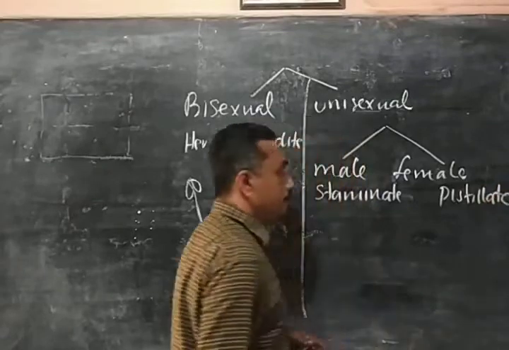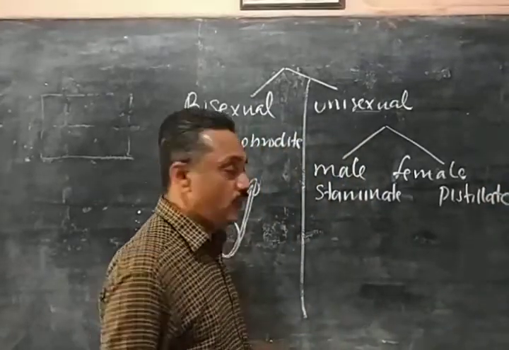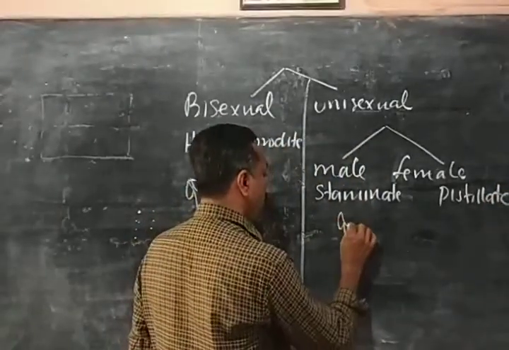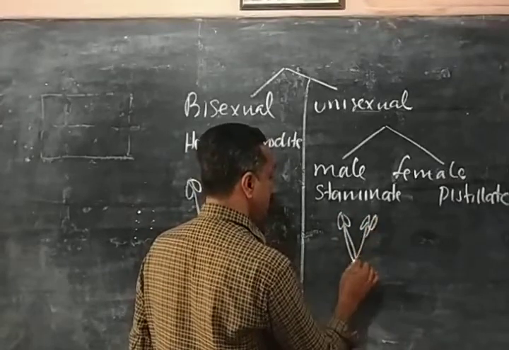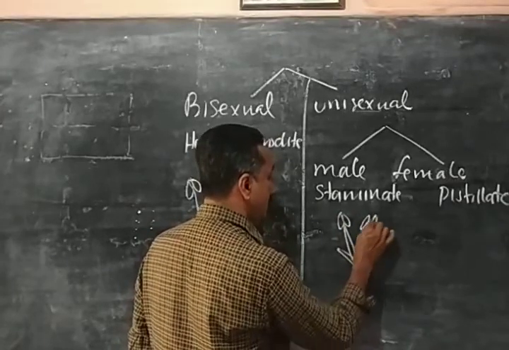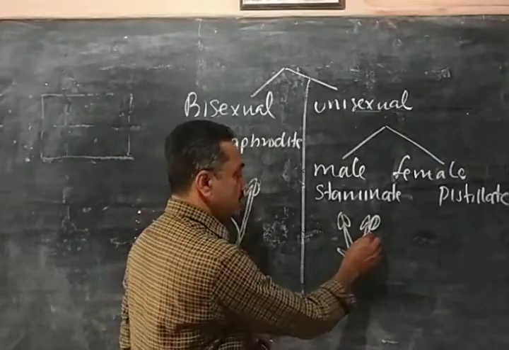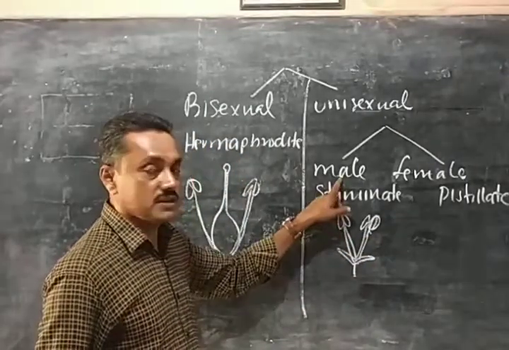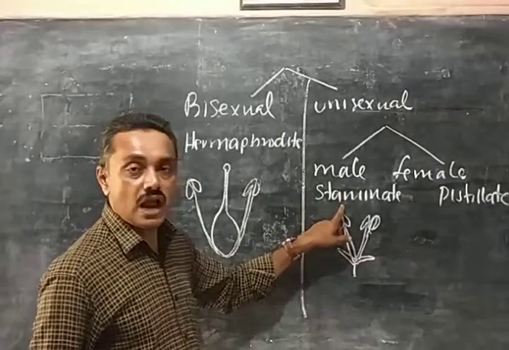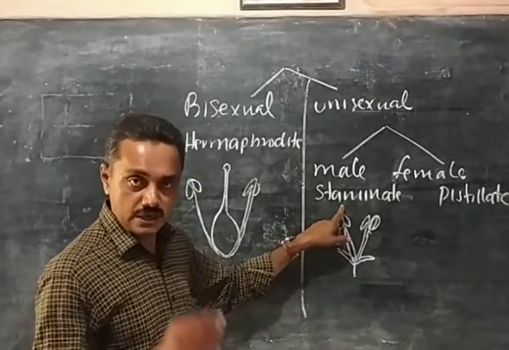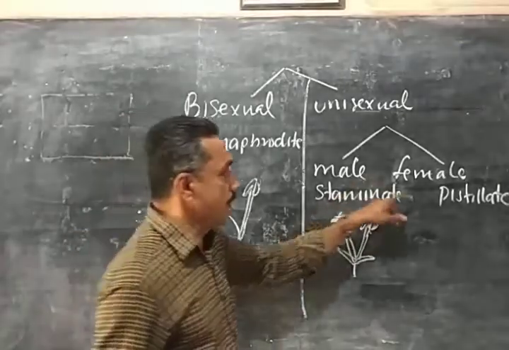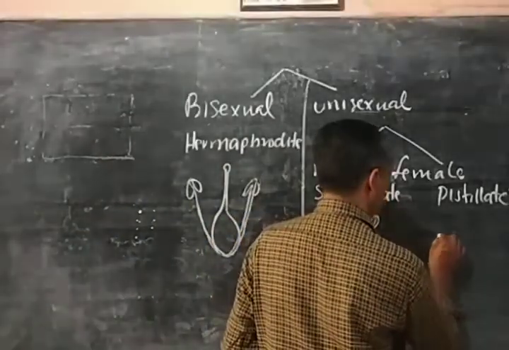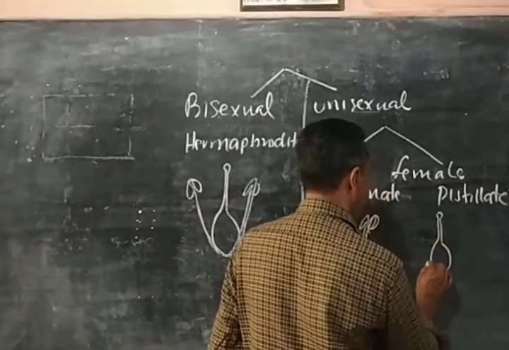Staminate and pistillate flowers. A male flower means the flower contains only androecium, the male part. Such flowers are called male flowers or staminate flowers. Listen very carefully. Some flowers contain gynoecium only, no androecium.